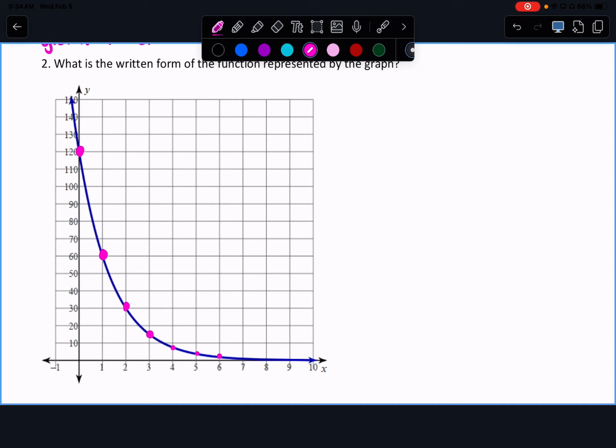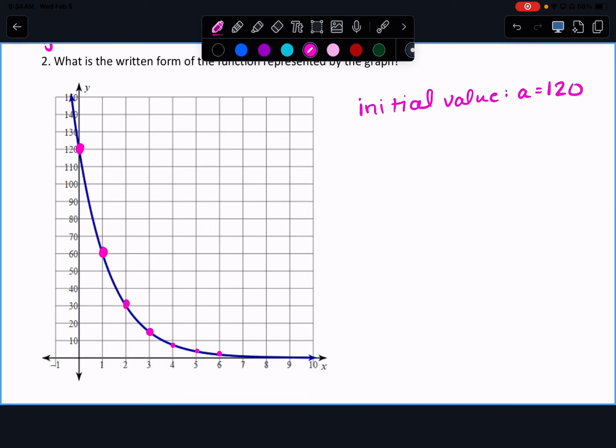So in this case, what is our initial value? 120. Because that is where our y-intercept is. That is where our x is 0. All right, now we're going to look for our constant ratio.